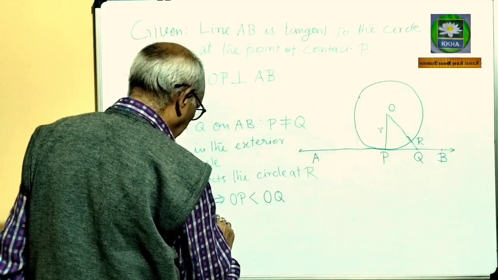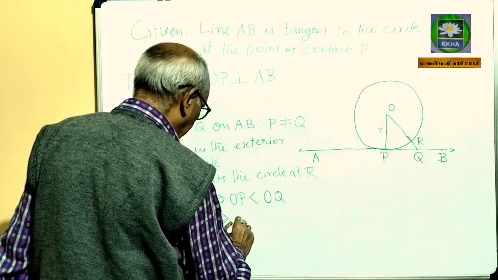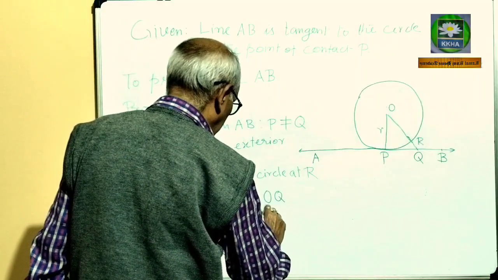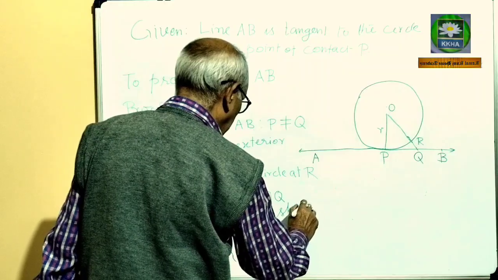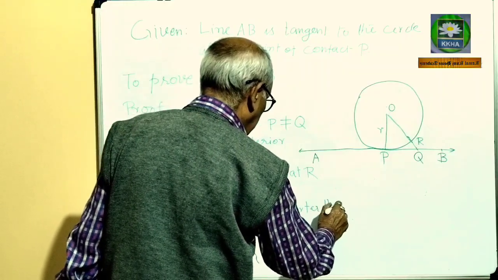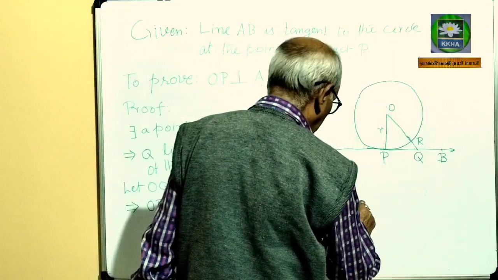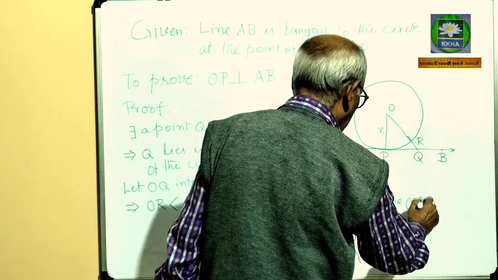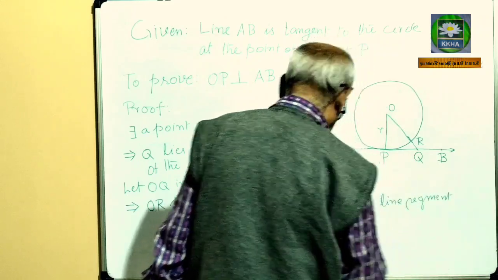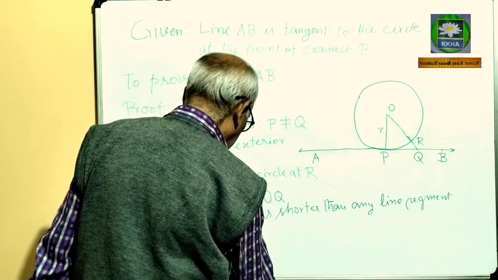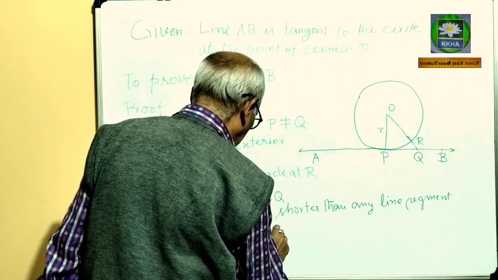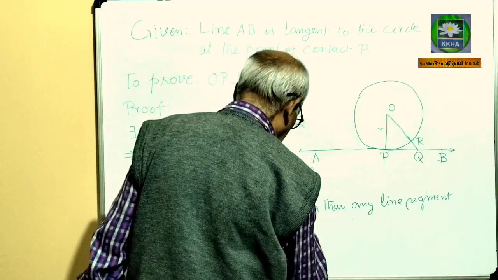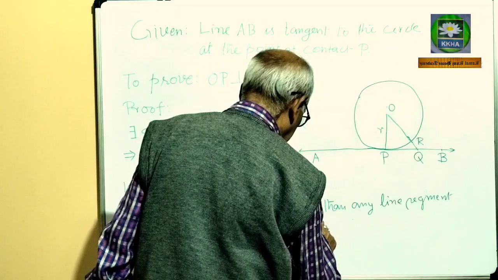It means line segment OP is shorter than any line segment joining O to any point on the line AB.